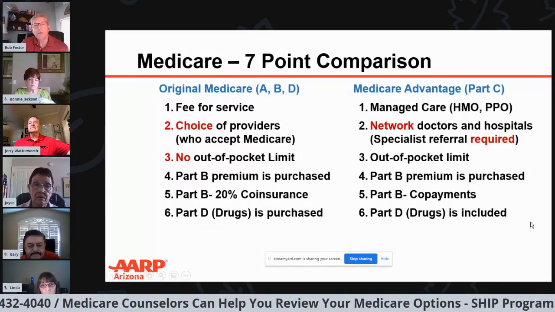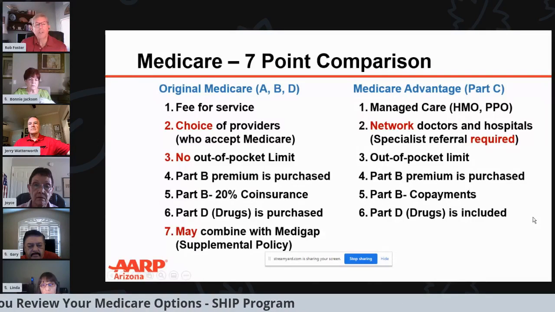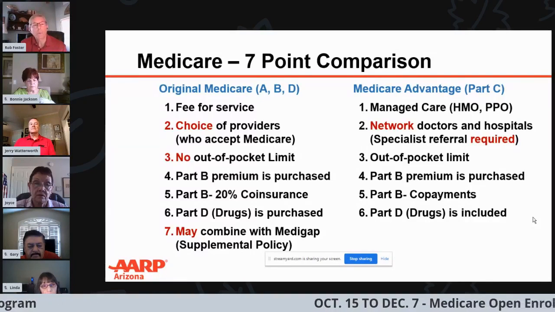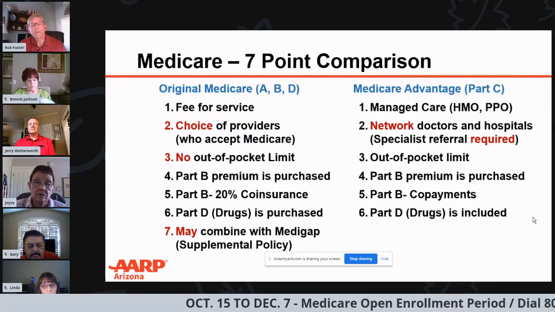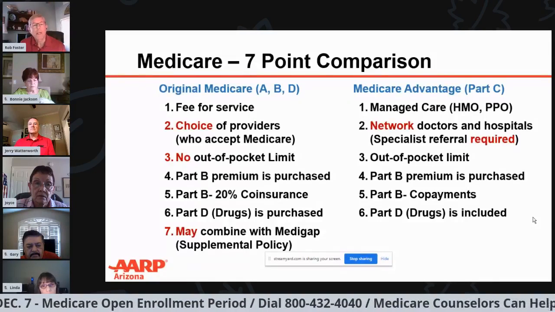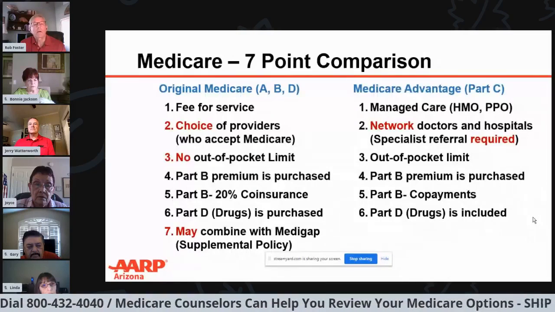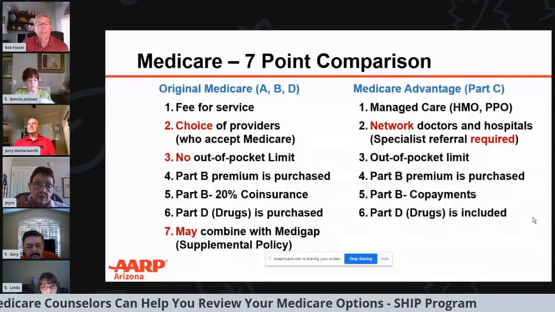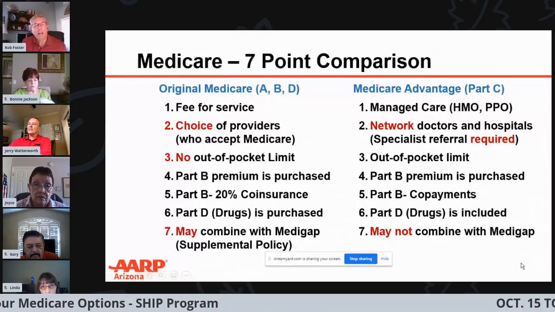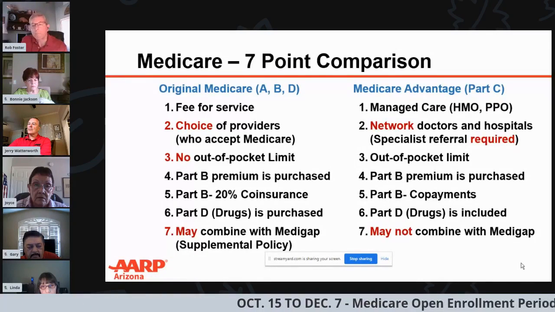Now, at this point, it may sound like Medicare Advantage is the way to go, but point number 7 is important to a lot of people because Original may be combined with a supplemental policy, which is purchased, that will cover some, if not all, of your out-of-pocket costs. Medicare Advantage does not have an option to buy a Medigap policy.